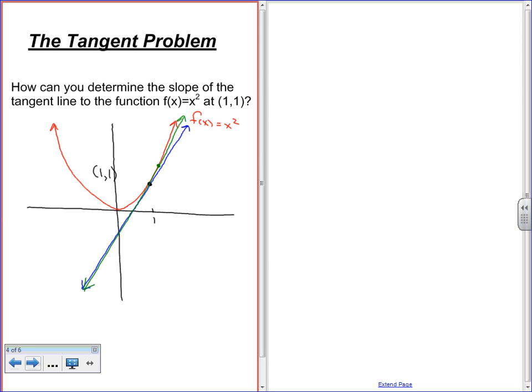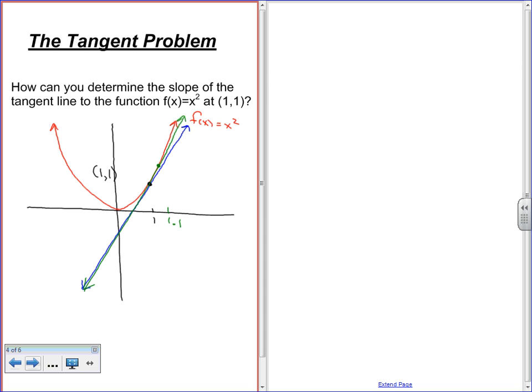What value do you think we can use here? What would be a nice value to start off with, thinking about what we did yesterday? 1.1. Perfect. So you would use 1.1 and then figure out the slope of the line between that green dot and the black dot, and that's the slope of the secant line.